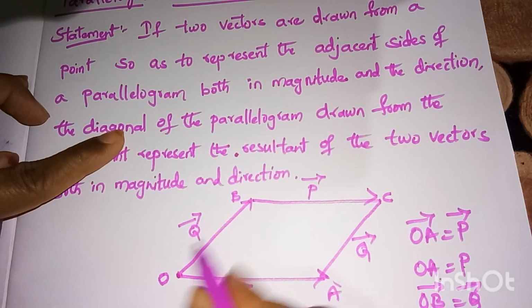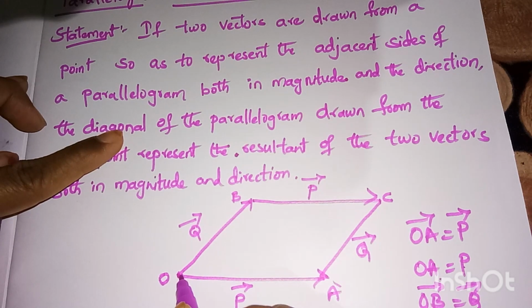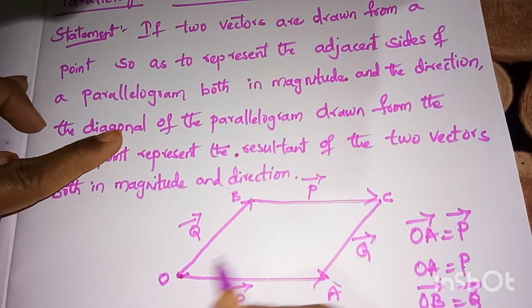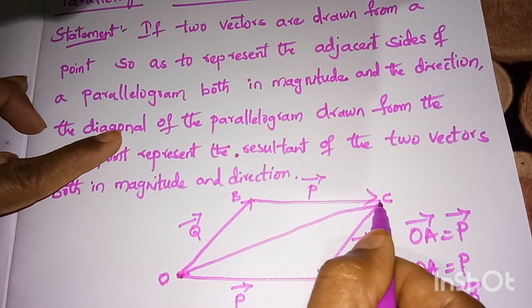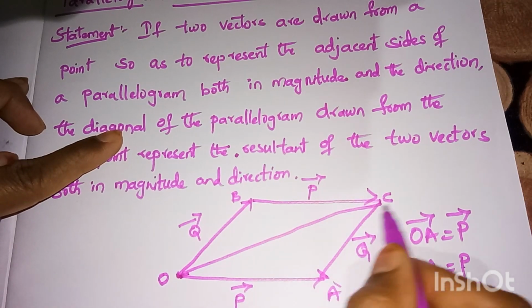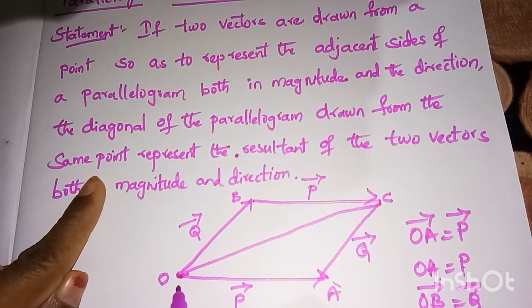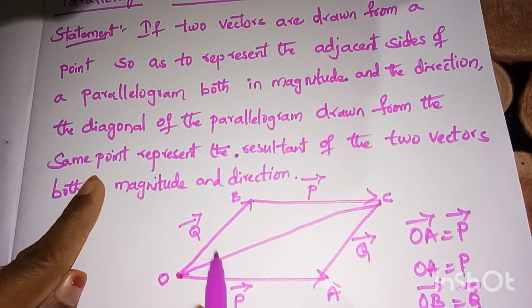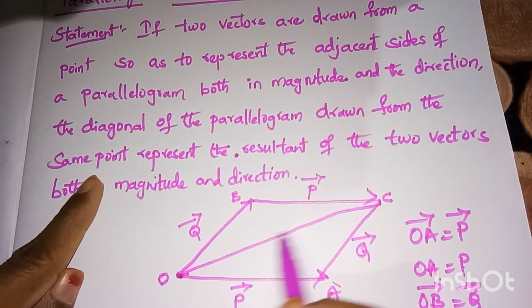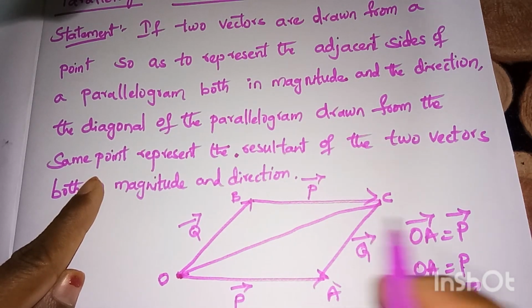The diagonal of the parallelogram, this will be the diagonal of the parallelogram, that is OC bar, drawn from the same point. O is the same point. Two vectors are drawn from the same point, and from that same point the diagonal of the parallelogram is drawn.